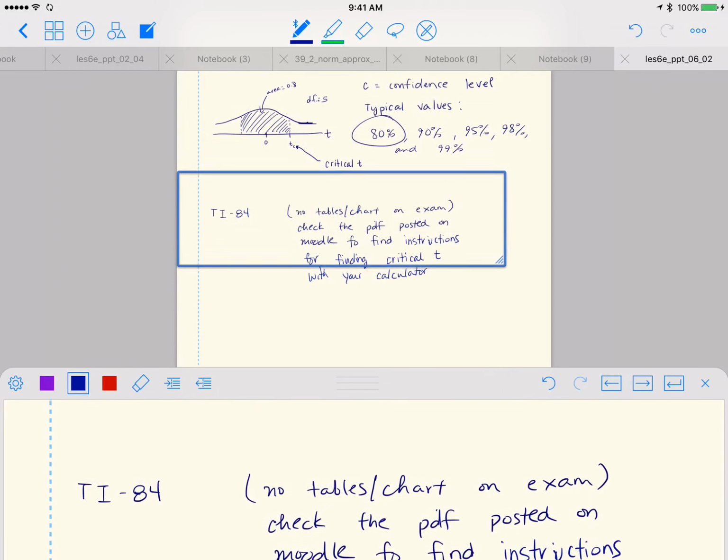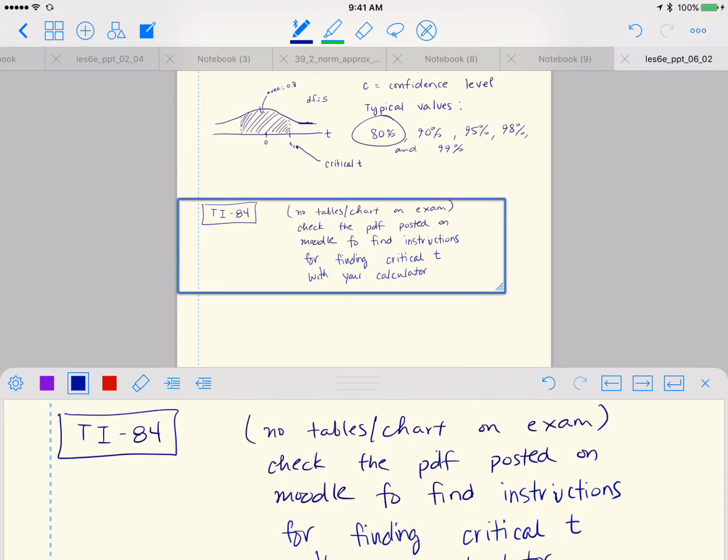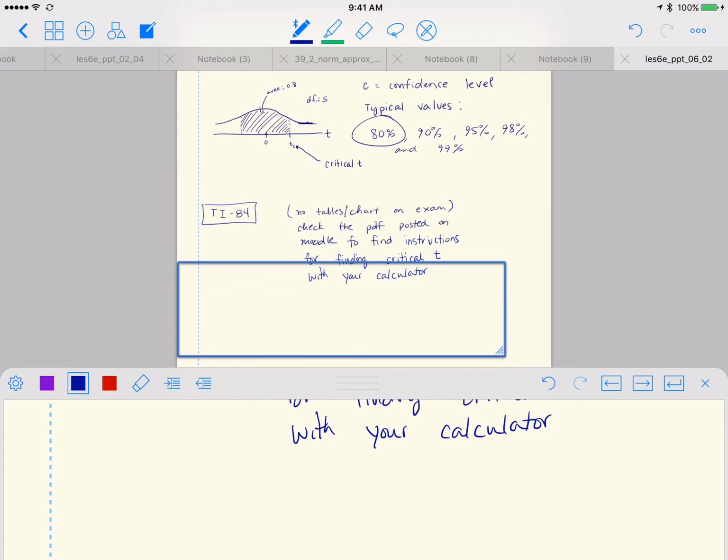Okay, so I'm just going to give instructions for the TI-84. Essentially, you will go to where you have inverse norm, and instead of inverse norm, you look for inverse T. Now you have inverse T, and the first variable here is going to be your degrees of freedom, and the second variable is going to be the cumulative area.